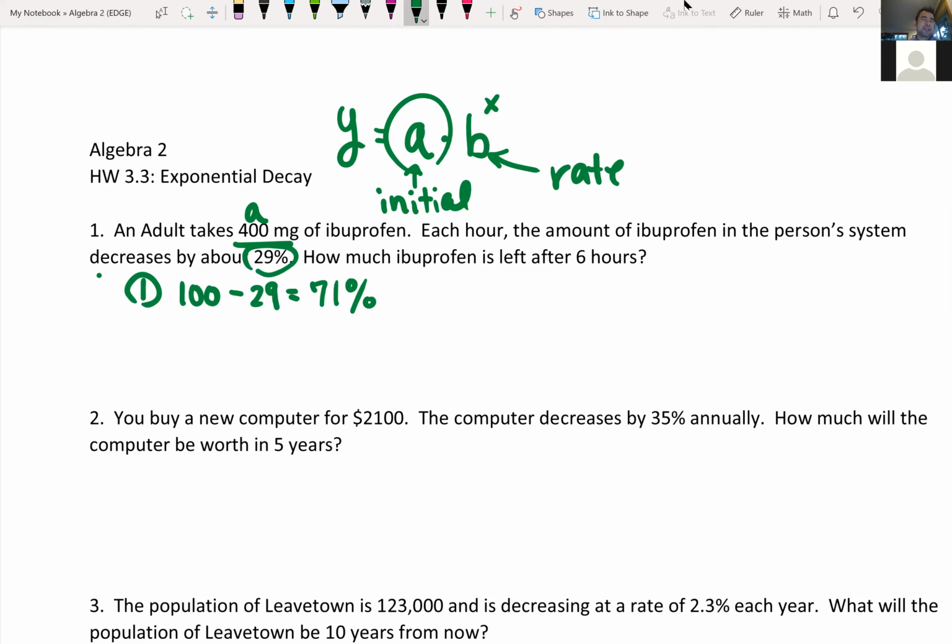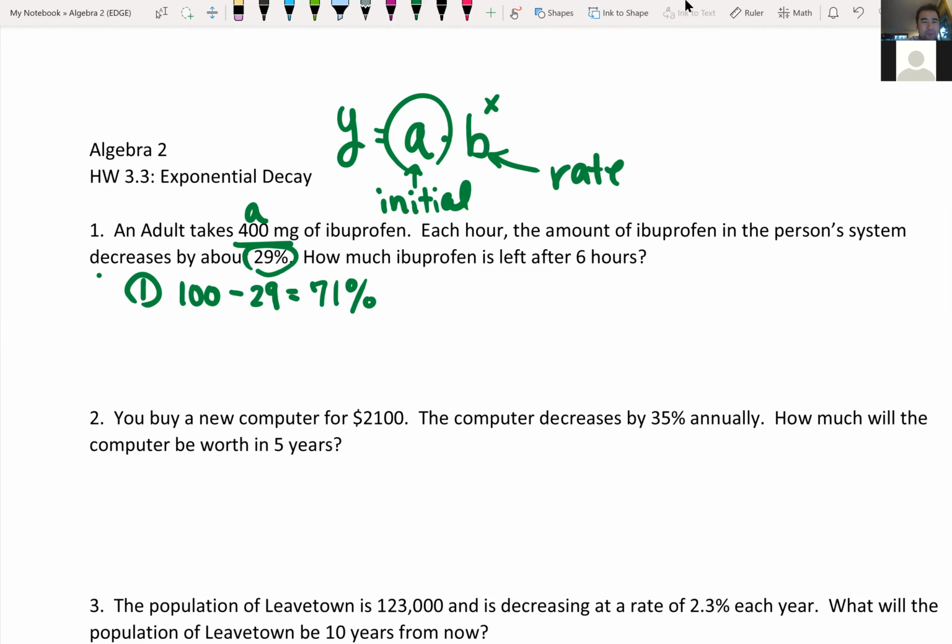In other words, every hour, 71% of the ibuprofen is still inside of you. Does that make sense? Because you lose 29% of the ibuprofen, that means you still have 71% in you. And that's what you are interested in, isn't it? How much ibuprofen is still left inside of you.